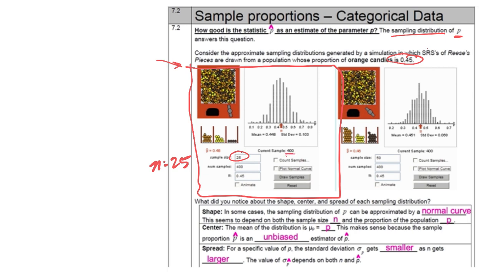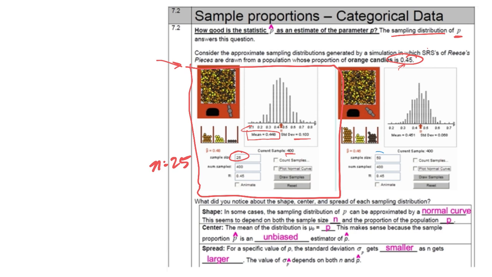They did 400 samples, and this is the sampling distribution that they got. We notice that the mean of this sampling distribution is 0.448, which is very, very close to 0.45, and the standard deviation is calculated here as 0.103.